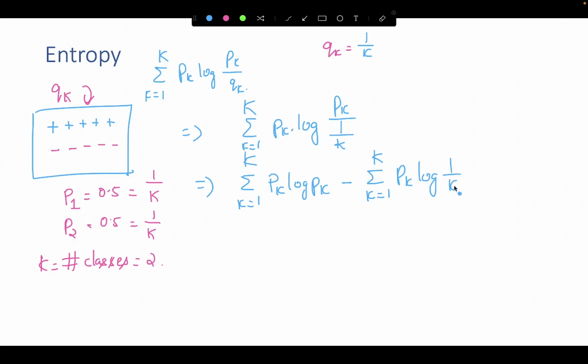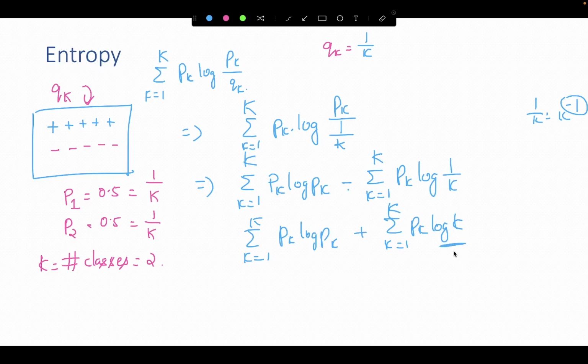So if I take the inverse of this 1 by k, it's going to be positive here. So summation of k equal to 1 to capital K, P sub k log P sub k plus summation of small k is equal to 1 to capital K, P sub k log k. So 1 by k, I can rewrite as k to the power of minus 1. So this exponent will now become a coefficient. So minus 1 multiplied by minus is going to result in plus here.